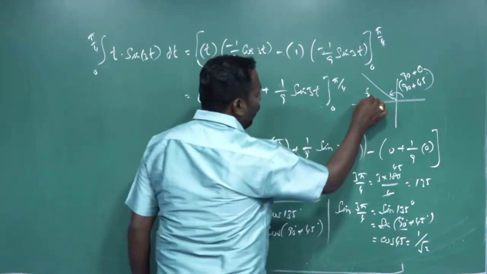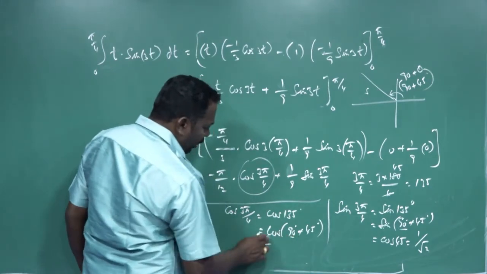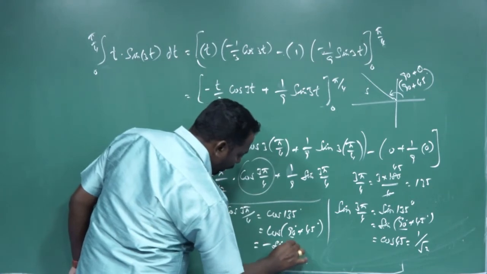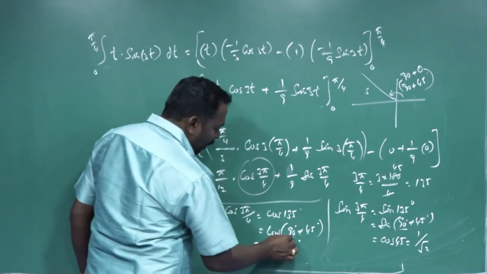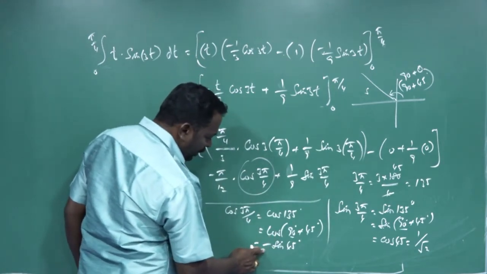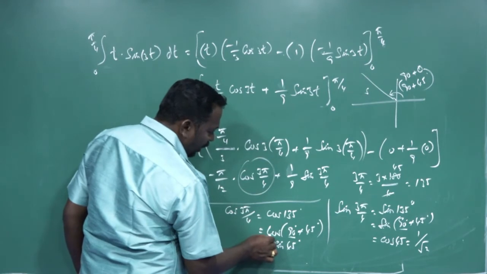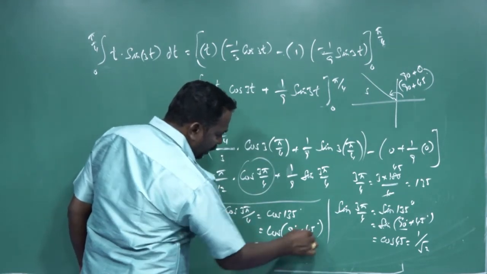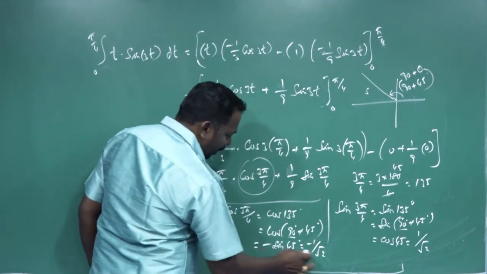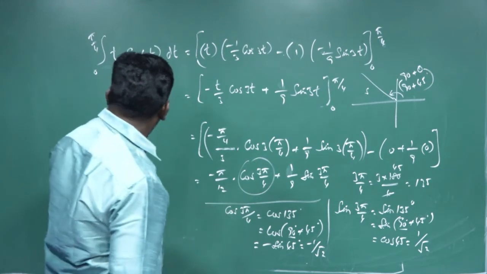Again it is the second quadrant, so the cos value is minus. With the complementary angle 90 degrees, cos becomes sin, and theta equals 45 degrees. 90 plus theta lies in the second quadrant, cos value is minus. Therefore that equals minus 1 by root 2, since sin 45 equals 1 by root 2. Just substitute here.